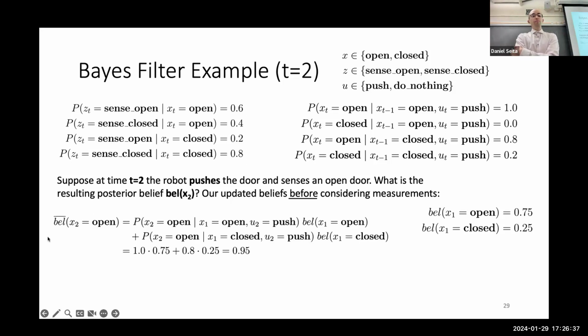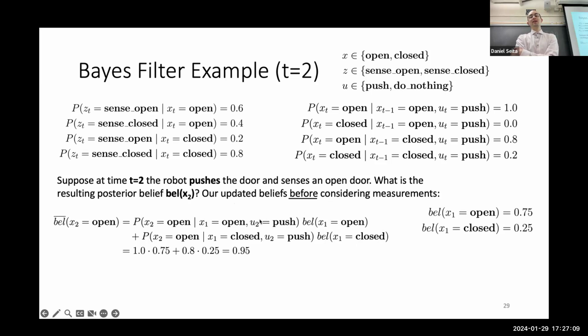All right, so belief overline of x2 is open is this thing here. It's the belief of the last x, so that means x1, and then you have to weigh it by whether x1 was open or x1 closed. If x1 was open, then the probability that x2 is open, given that x1 is open and u2 is pushed.